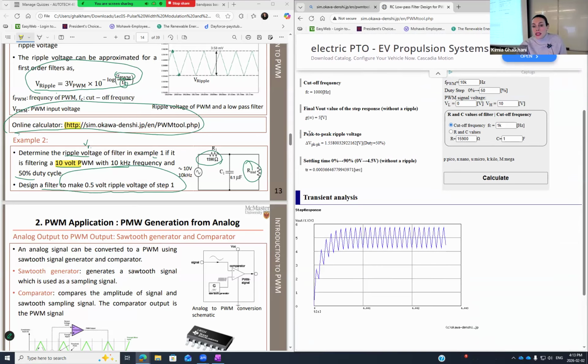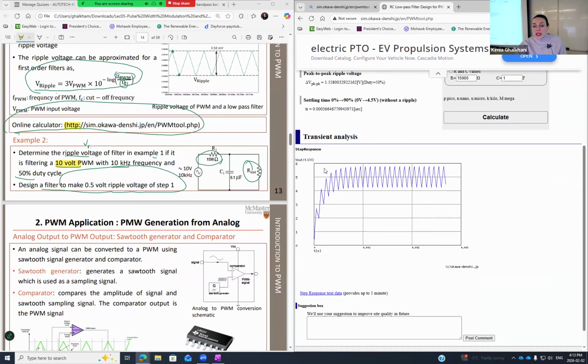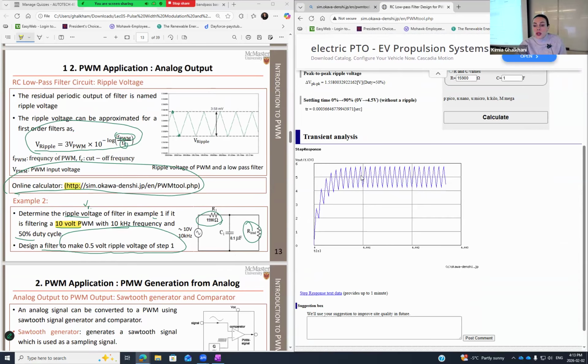Then you have your settling time, your peak-to-peak voltage, your cutoff frequency, and you have the final volt to be 5. And this is your ripple voltage, very similar to this one in here.